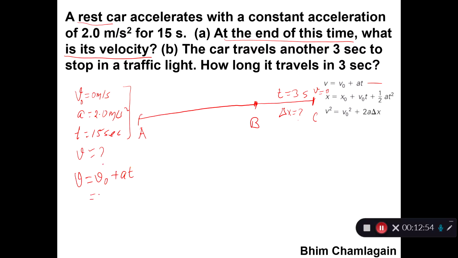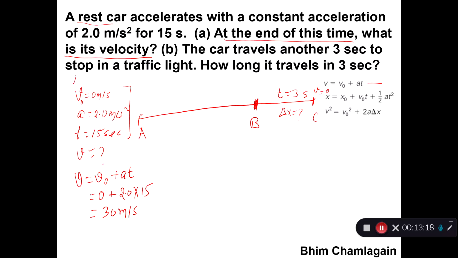So v naught is 0 plus a is 2.0 times t is 15. So 15 times 2 you will get 30, and velocity is meter per second. So at the end of this first section, at point B, its velocity is 30 meter per second, which is the final velocity of this first section.